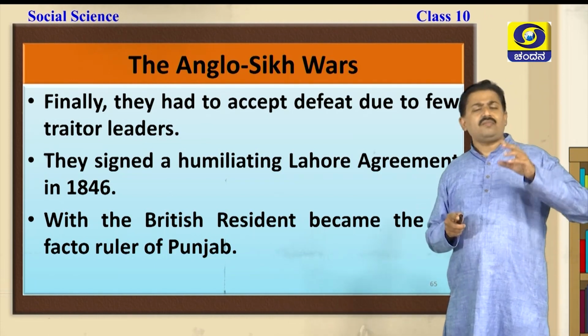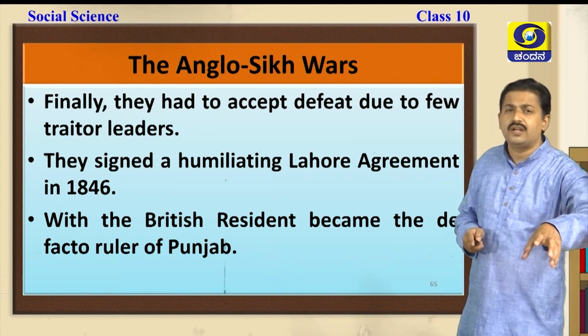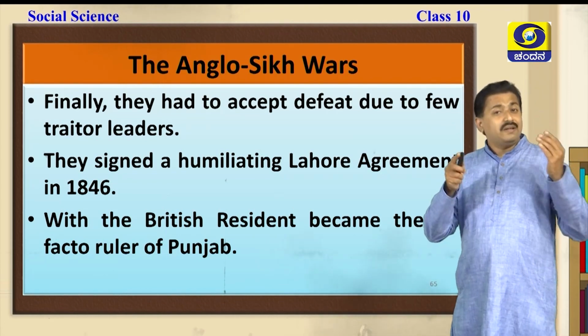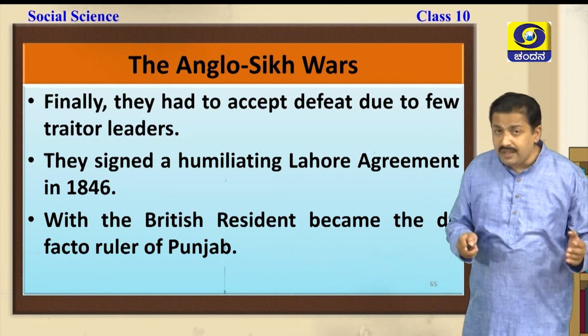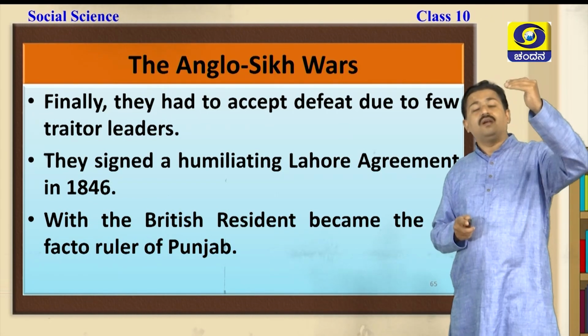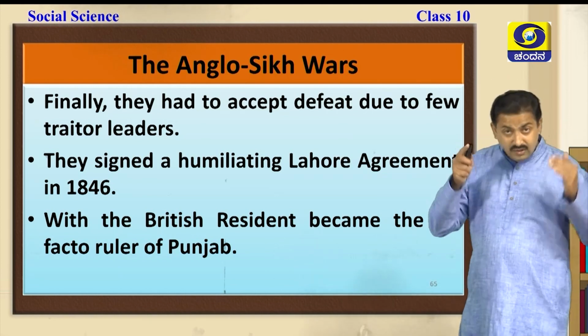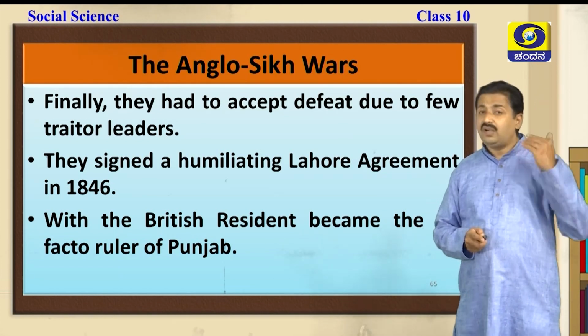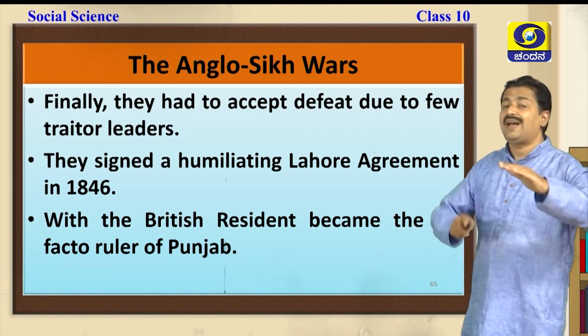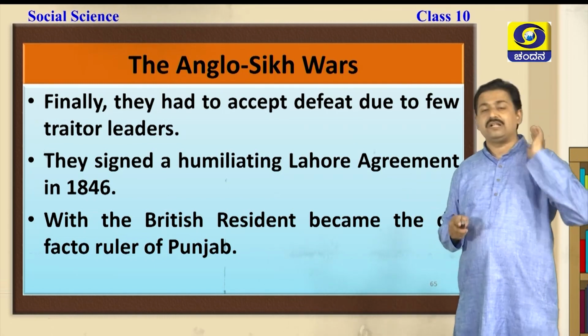This led to the direct influence of the British over Punjab, and they even had to lose many places, particularly Kashmir. In addition to this, the agreement made the British appoint a resident as a de facto ruler of Punjab.